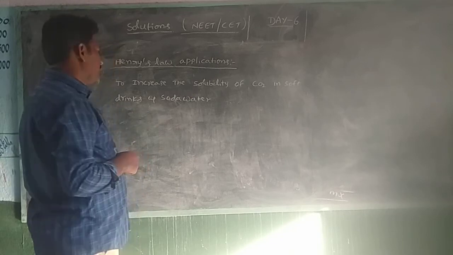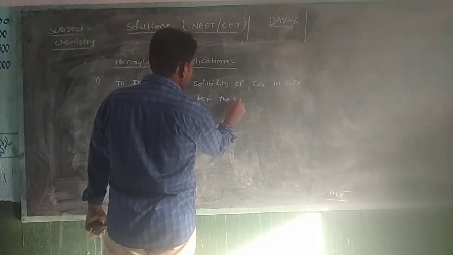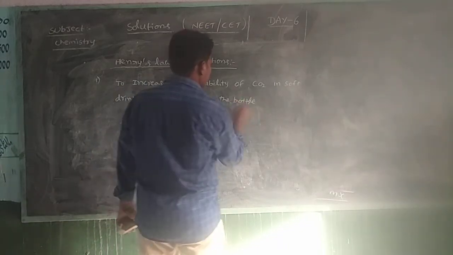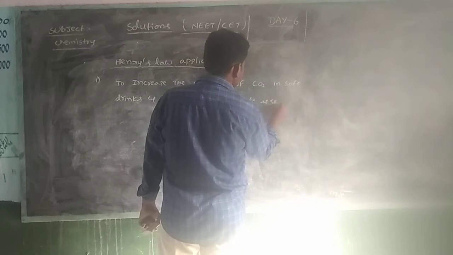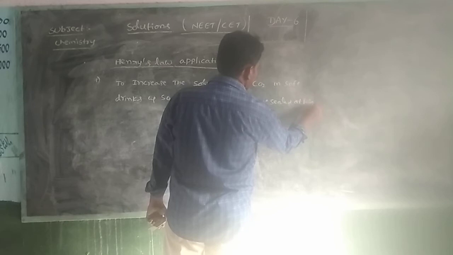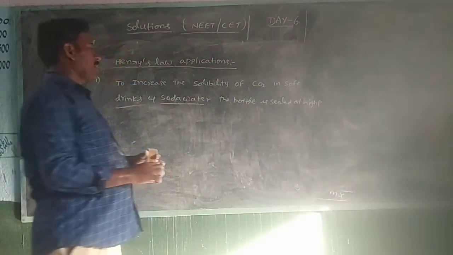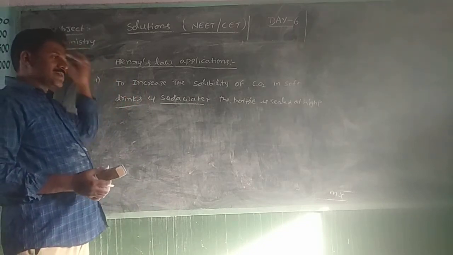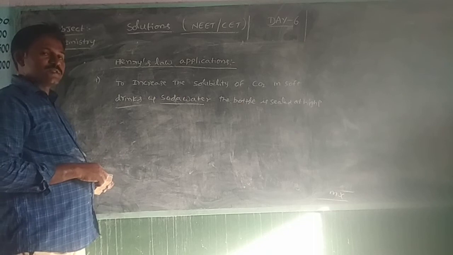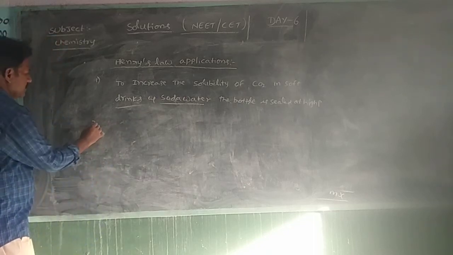The reason is the bottle is sealed at high pressure. In soda water or soft drinks, the bottle is sealed at high pressure to increase the solubility of CO2. This is the first application of Henry's law.